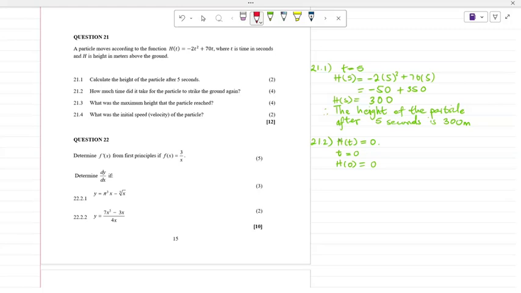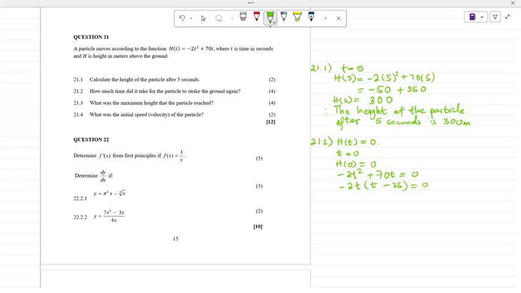So hence I equate h of t to 0. That will give me negative 2t squared plus 70t equals 0. Then I'm going to factorize negative 2t. If I factorize negative 2t, I'm going to get t minus 35 equals 0.